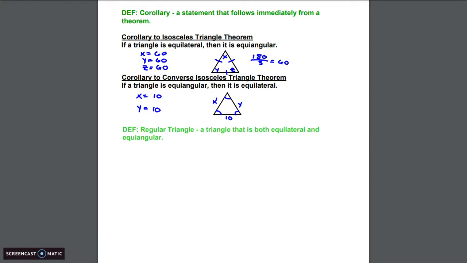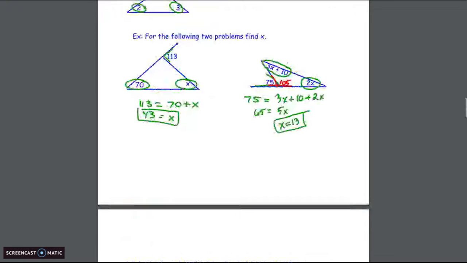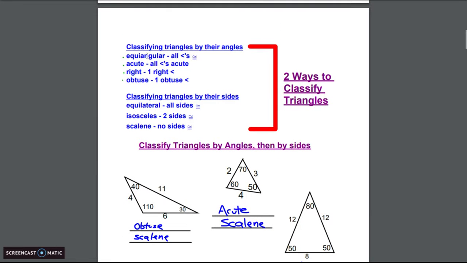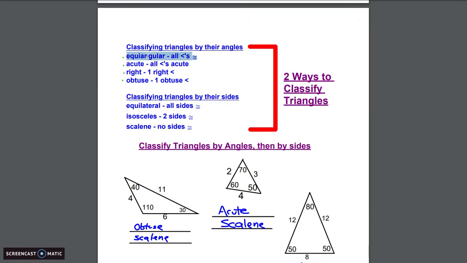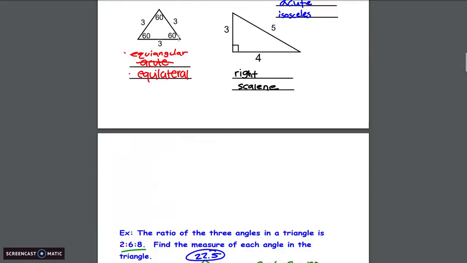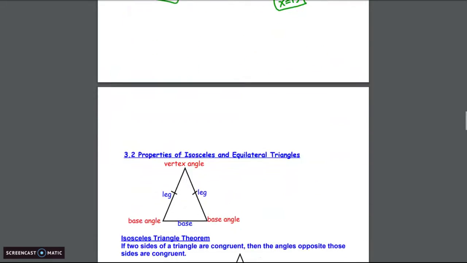If we go back up here to the definitions of those, this word right here is if all the sides are equal. So if we know all the angles are equal, then all the sides are also.